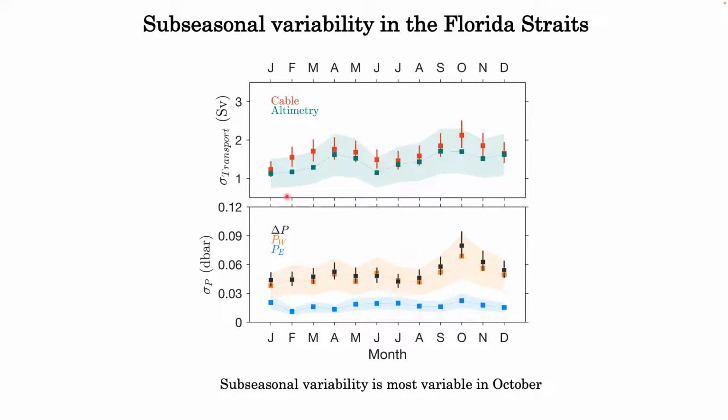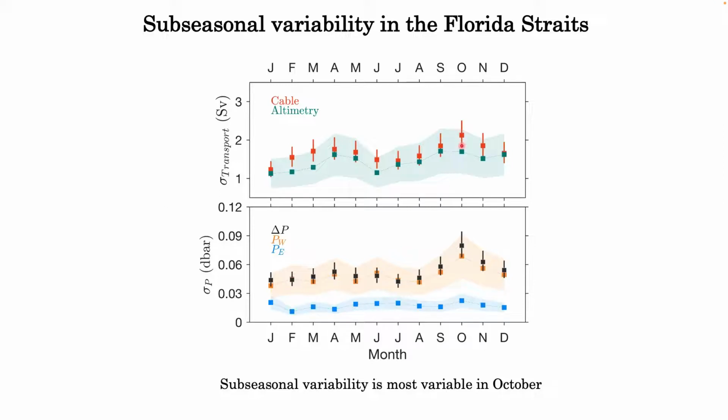Another unique aspect of this subseasonal variability is that it is most energetic during the months of September, October, November, particularly in October. It peaks in October, as is evident from this plot showing the monthly climatology of the standard deviation of transport estimates and pressure records.